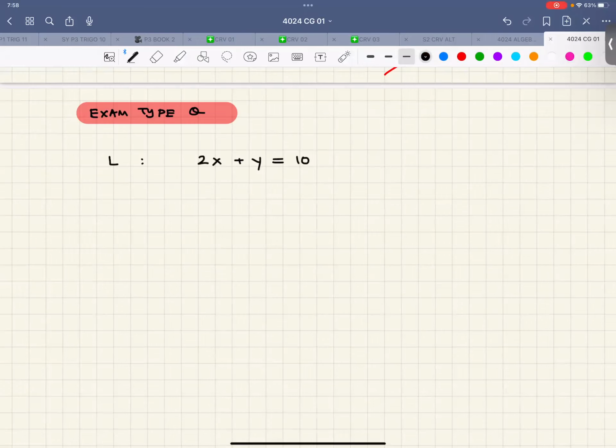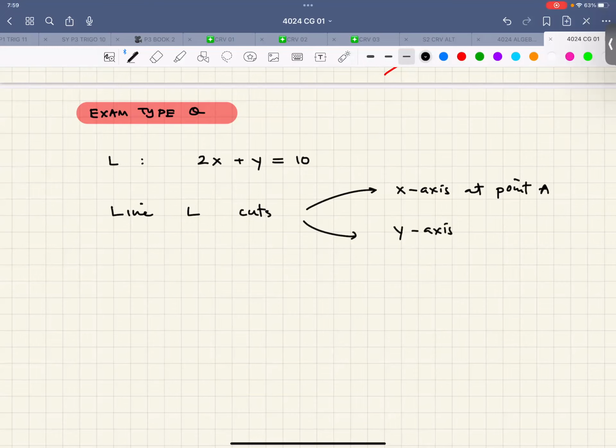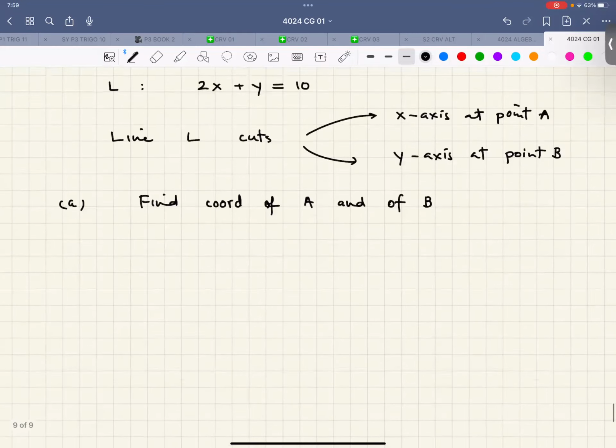Now, first of all, the line L cuts the x-axis at point A. So this is point A. The line cuts the y-axis at point B. Part A, find the coordinates of A and B. That's the first one.